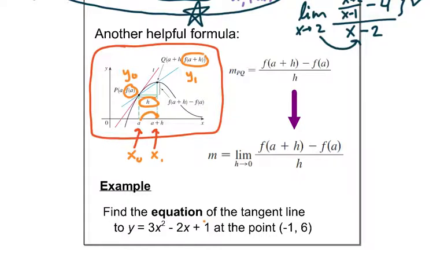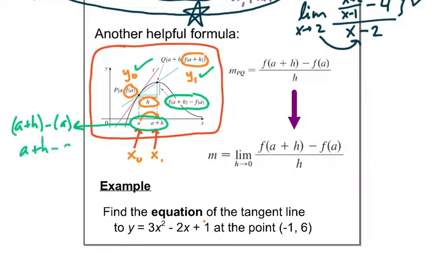Look at our new rise, the change in y's. That's f of a plus h minus f of a. And look at our new change in x, our new run. This would be one of them, a plus h, minus the other one, a. Wait, what's happening here? Oh, see ya.